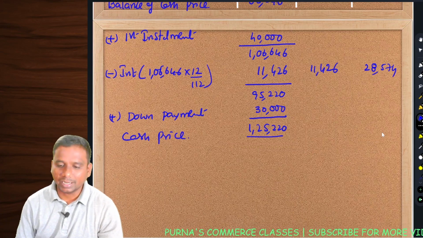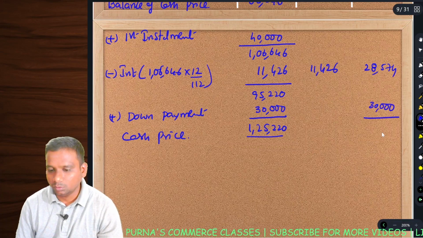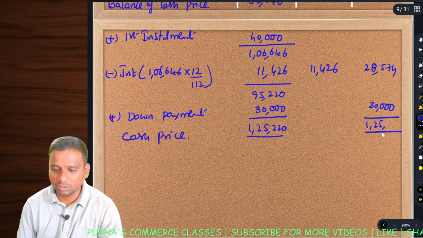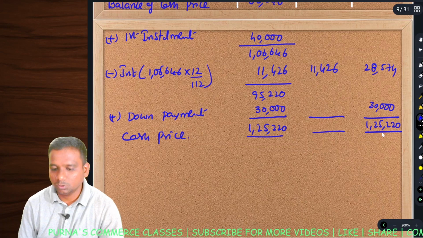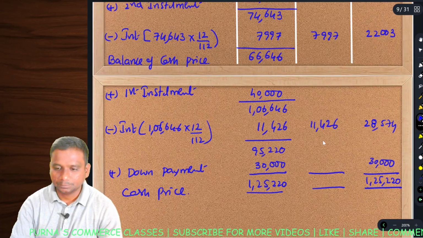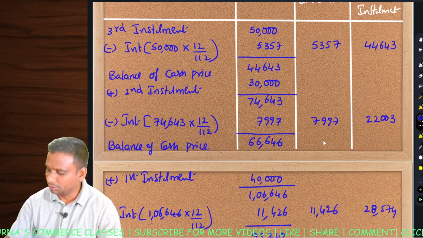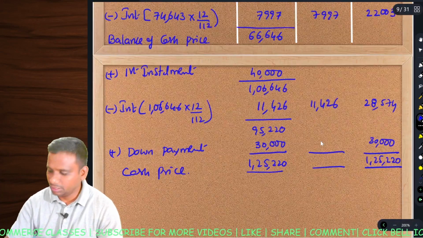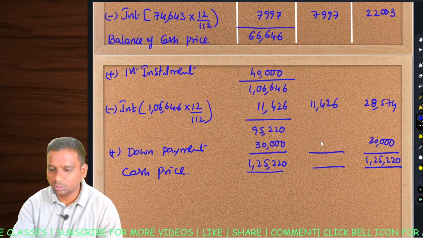So here you can write 30,000. Now the last column, if you calculate the last column, how much will you get? 44,643 plus 22,003 plus 28,574 plus 30,000. Same, 1,25,220.